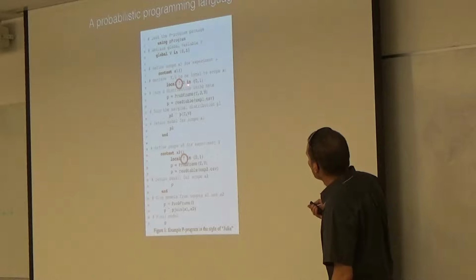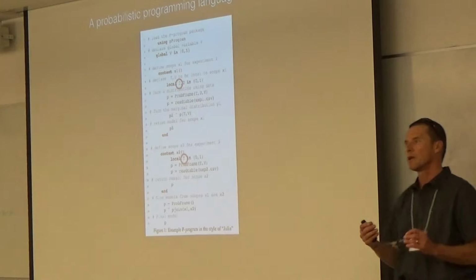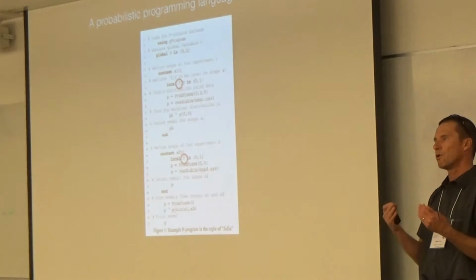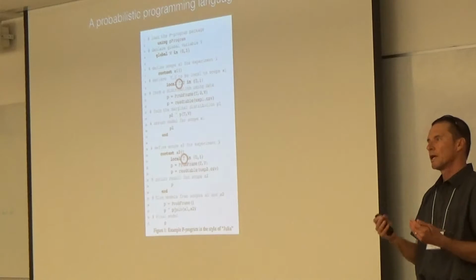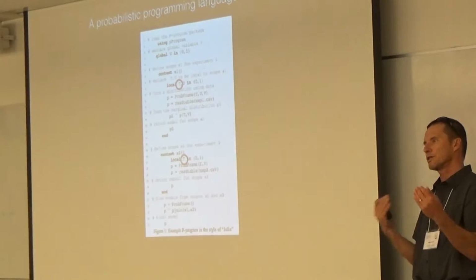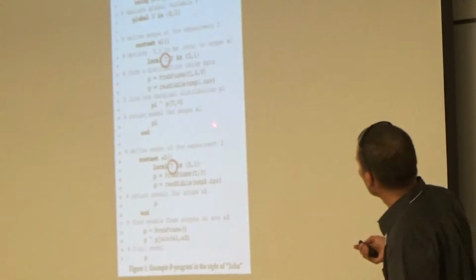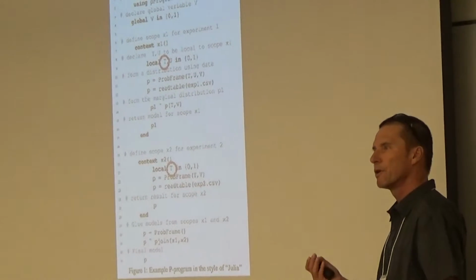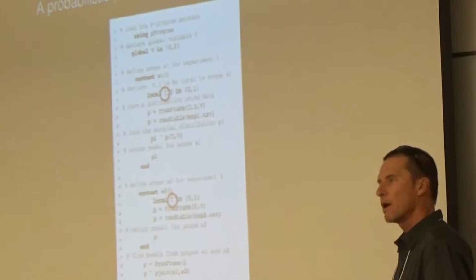Here you see a variable t that's declared local to this context x1, and you have another variable t that's declared local to x2. The whole idea is that it might be convenient for the modeler to overload the variable, but it's the actual syntax of the program that will take into account that these variables are different, and so you won't get a bug in the program.